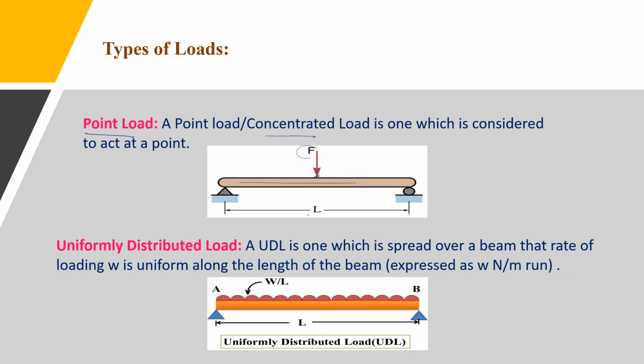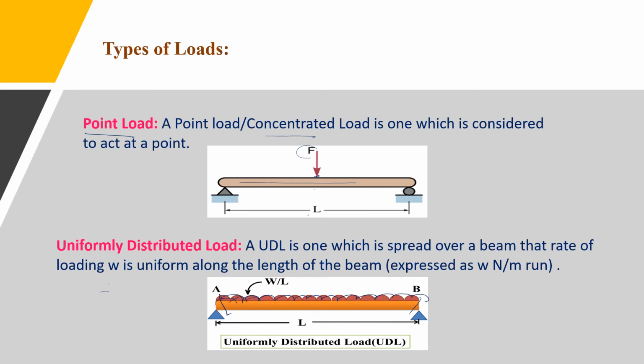Coming to the uniformly distributed load. A uniformly distributed load is one where the load is spread over the beam. That rate of loading W is acting from point A to point B, meaning along the length of the beam the load is distributed.